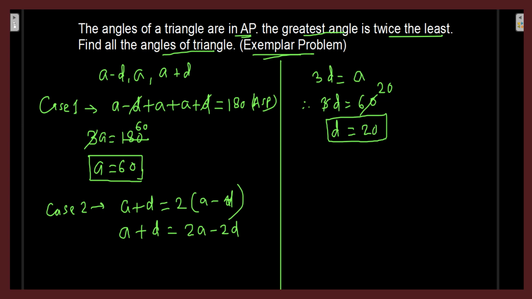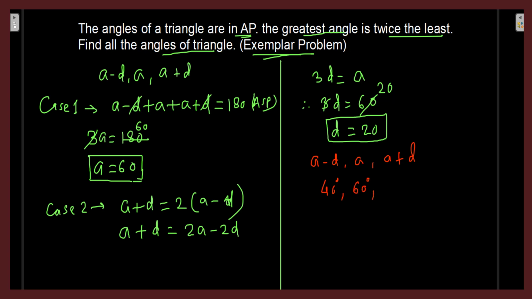And since we have got D is equal to 20, we can find all the three angles. The three angles are A minus D, A and A plus D. So A minus D, that is 60 minus 20, that is 40 degrees. A is what? It is 60 degrees.